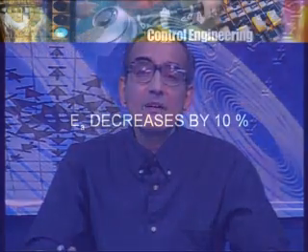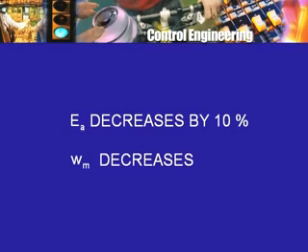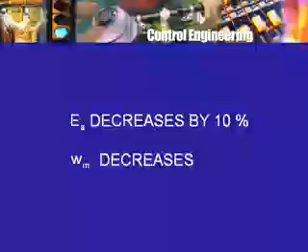So our assumption that the motor speed will remain constant when the supply voltage decreases is not justified, but the qualitative analysis indicates that when the supply voltage decreases, the motor speed will decrease. By how much? That's again the critical question. So with 10% reduction in supply voltage, how much will the speed go down?